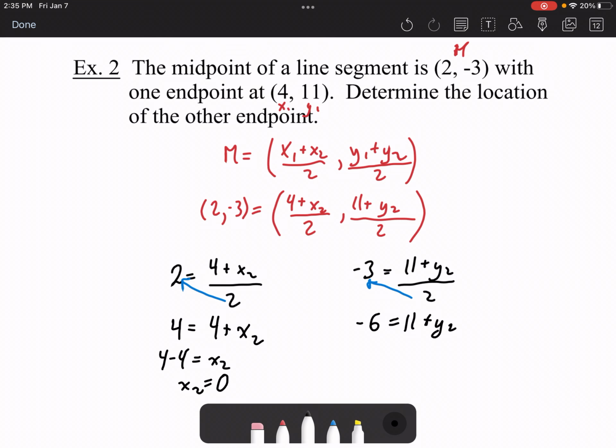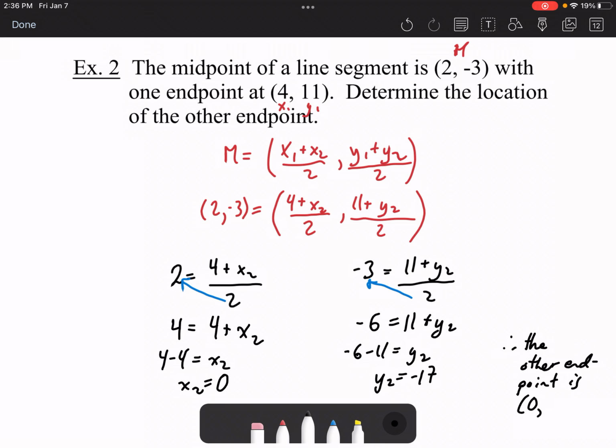I can subtract 11 from both sides. So y2 turns out to be negative 17. Therefore, the other endpoint is the point 0 and negative 17.